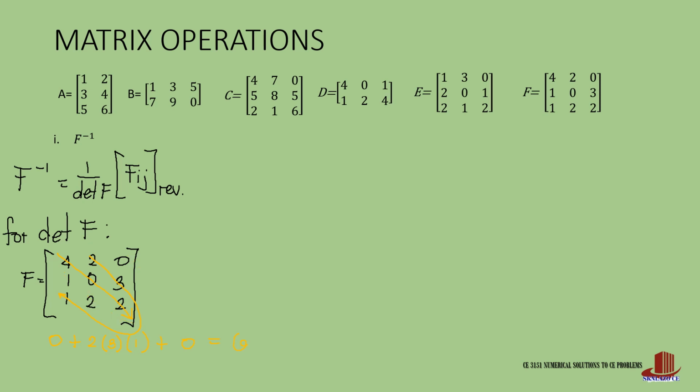Now, how about for our negatives? Take the diagonal going upwards. That would be 1 times 0 as 0, minus 4 times 2 times 3, another minus 2 times 1 times 2.